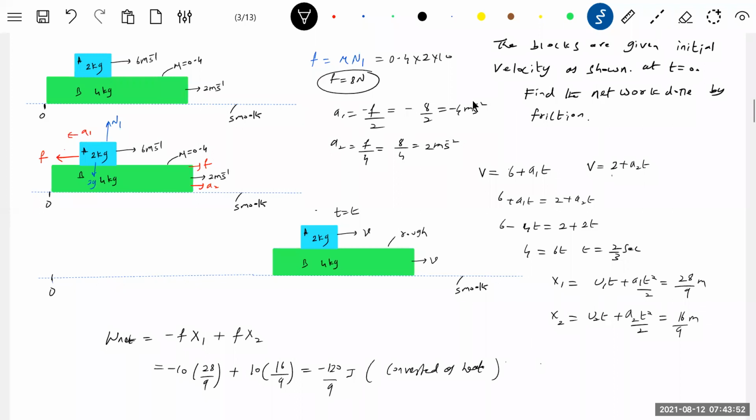This heat will be absorbed, and the temperature of the blocks will increase. Friction 8 Newton, no? Okay, I think do the calculation and tell me.